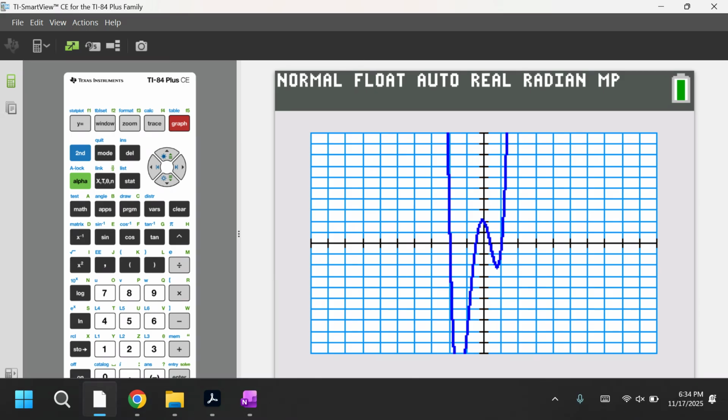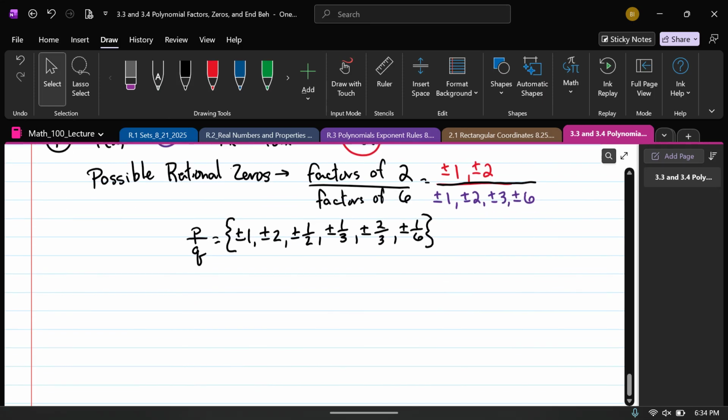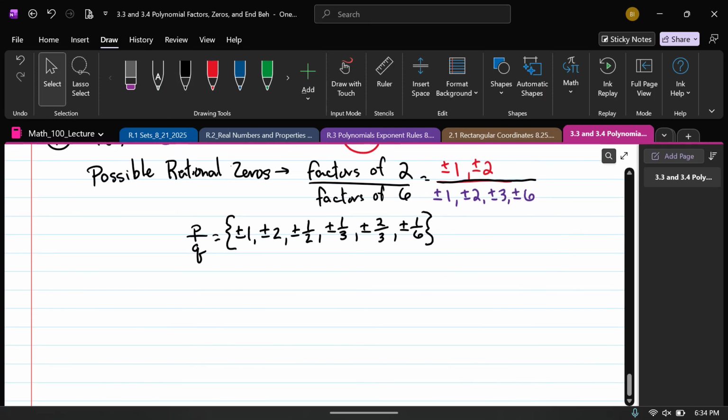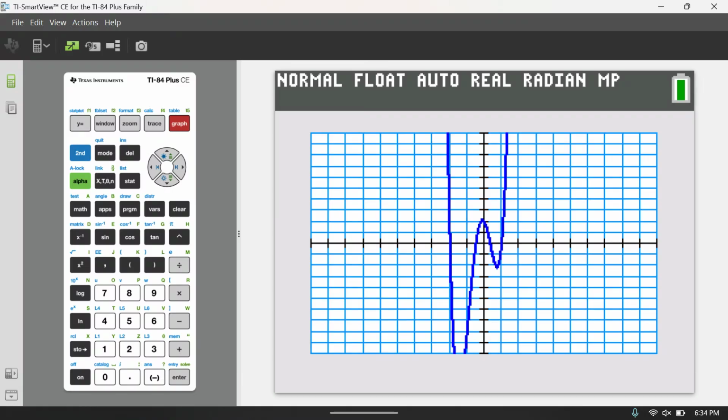Okay? Jason, I had made a mistake when I copied that problem. That should be a plus 7x cubed in there, in that original problem. It doesn't affect our P over Q list, but it does affect our graph. So I'm going to use the positive 1 in synthetic division from that graph. So we graphed that. We found it crossing the x-axis at positive 1.